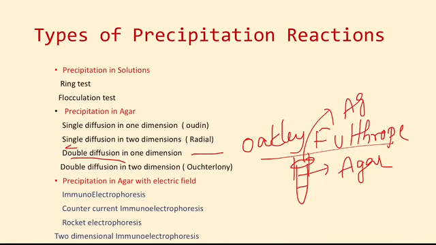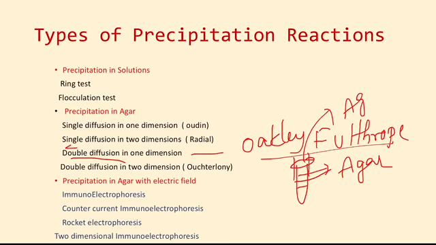In this procedure of double diffusion in one dimension, in the test tube the agar gel containing the antibody is placed, above which a layer of plain agar is added, and the antigen is layered on top of the plain agar.